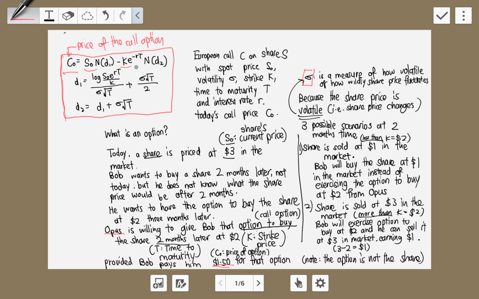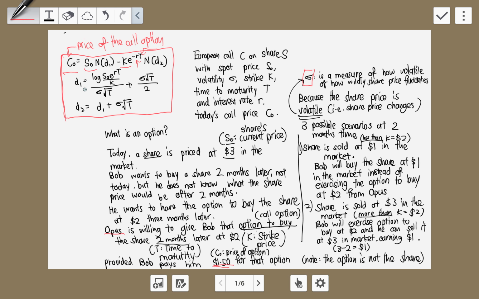R is the interest rate, because if you don't buy the option, you could keep the money in the bank to earn interest, so we need to factor in the interest rate, and that will decide the price of the call option. And T is the time to maturity.